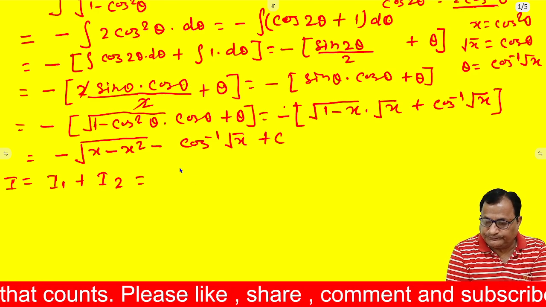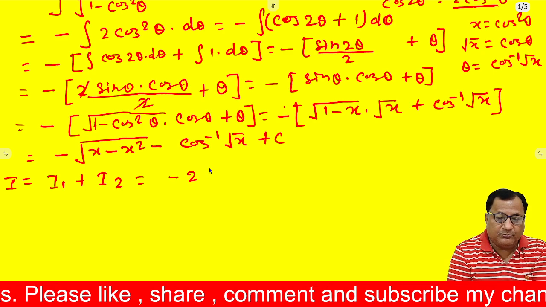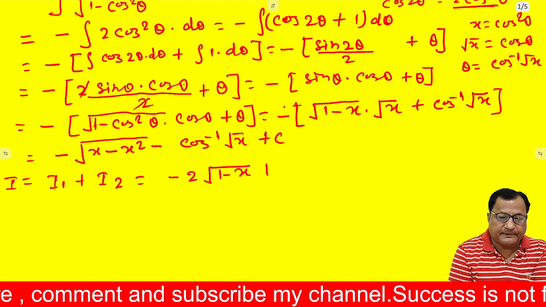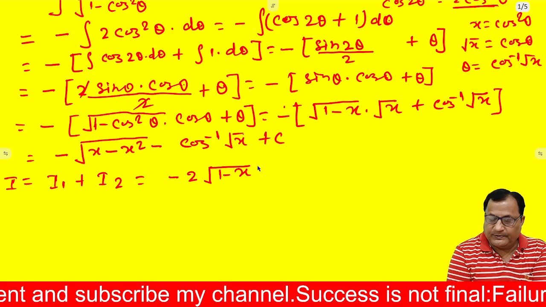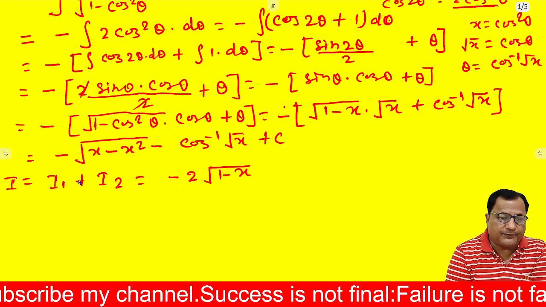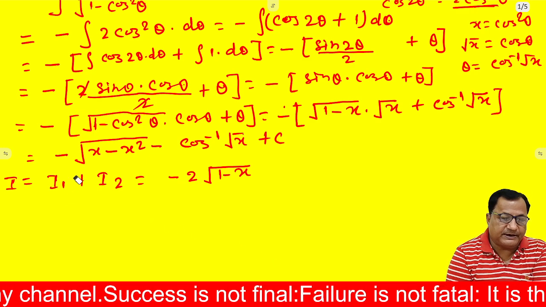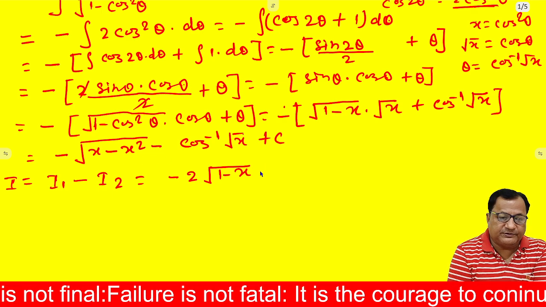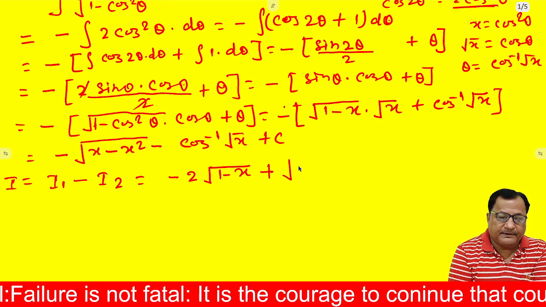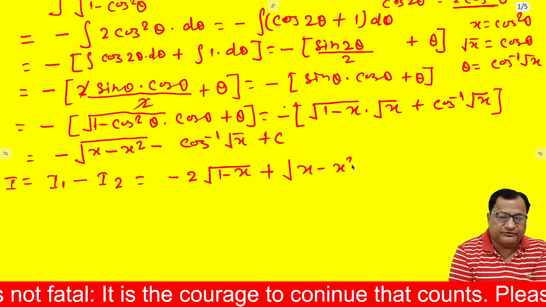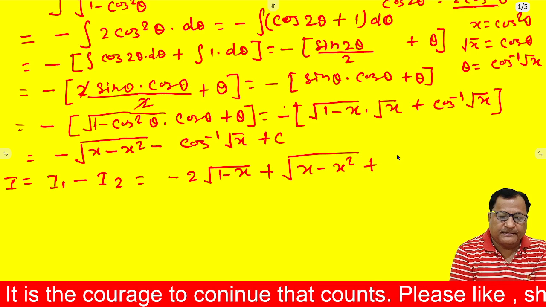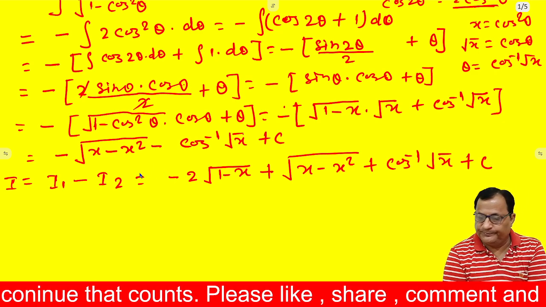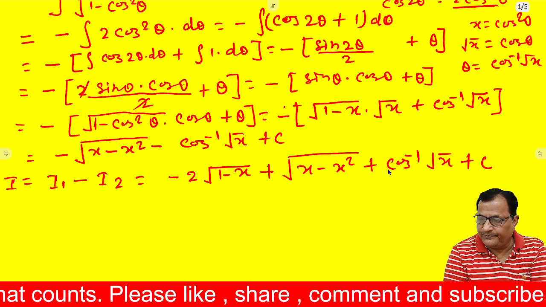I1 is minus 2 root of 1 minus x, and I2 is as found. So I1 minus I2: the minus sign will make this plus, so this will be plus root of x minus x square, plus cos inverse root x, plus c. This is the answer.